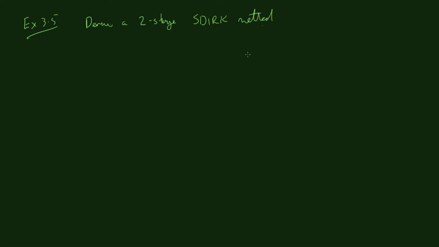If we draw out the Butcher tableau, we don't know what B1 and B2 are. We'll have C1 on the main diagonal, so we've got another unknown, which is A21, and we need to know what C1 and C2 are. So if we count the number of unknowns, we've got C1, C2, A21, B1 and B2. So we only have 5 unknowns.